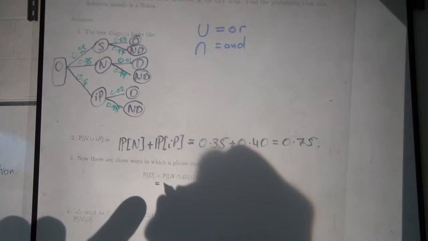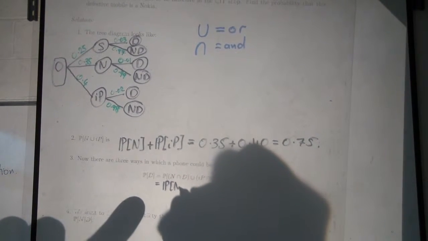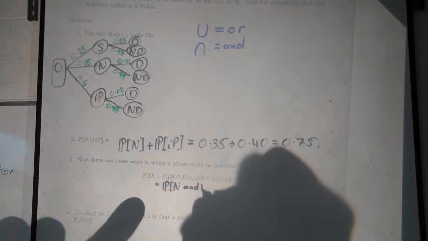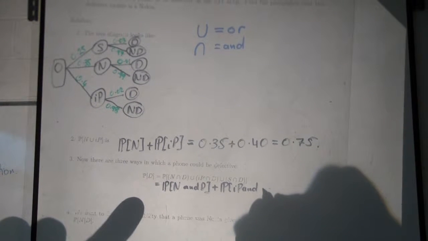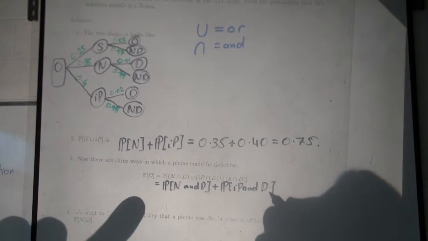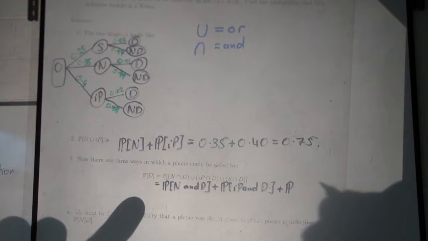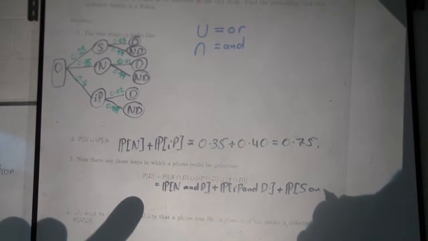So let's write this down. Probability of Nokia and defective, plus probability of iPhone and defective, plus probability of Samsung and defective.